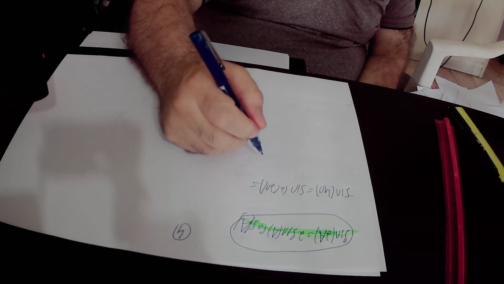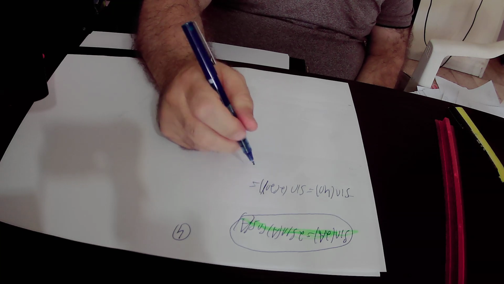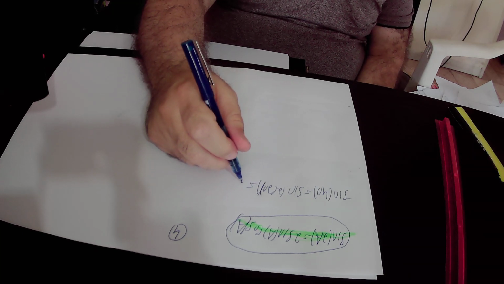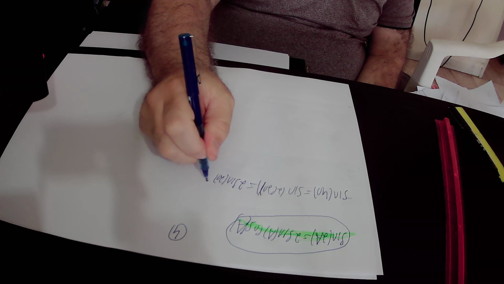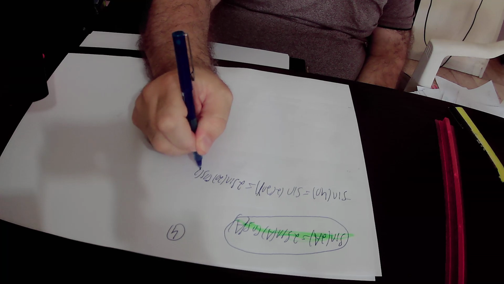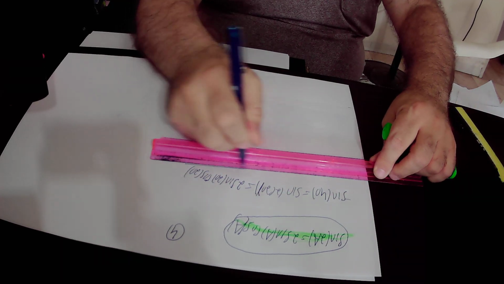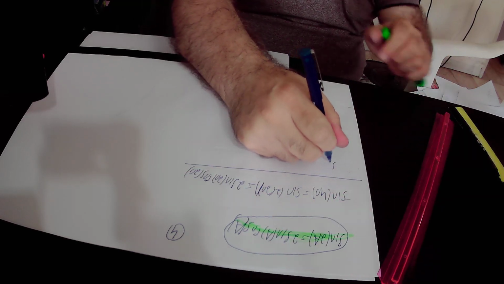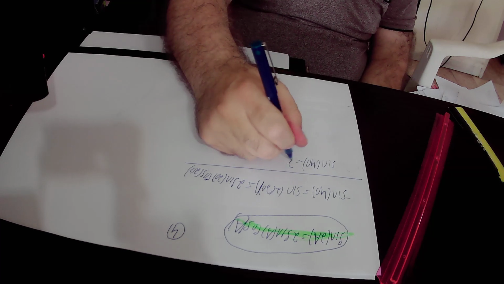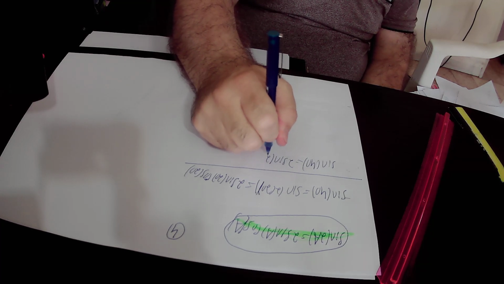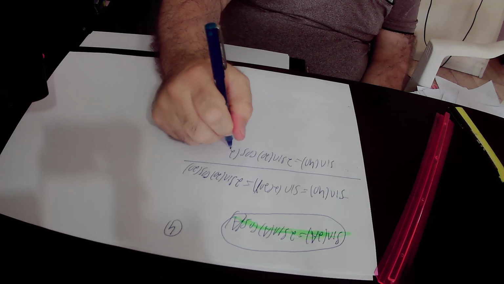We get that sine 2 times 20 degrees is equal to 2 times sine 20 degrees times cosine 20 degrees. So in conclusion, sine 40 degrees is equal to 2 times sine 20 degrees times cosine 20 degrees.